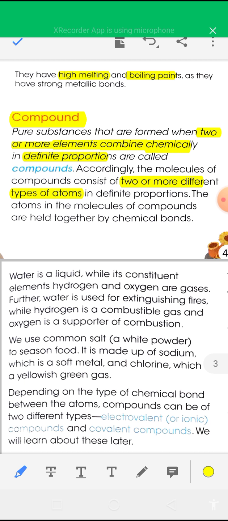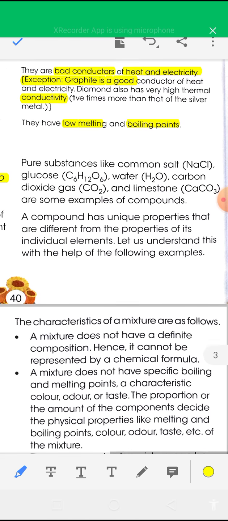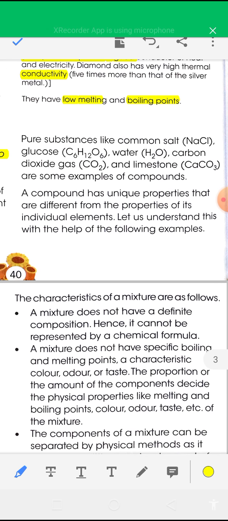The atoms in the molecule of a compound are held together by chemical bonds. Examples of some compounds: NaCl, sodium chloride, glucose C6H12O6, water H2O, carbon dioxide CO2, limestone CaCO3. These are some examples of compounds.